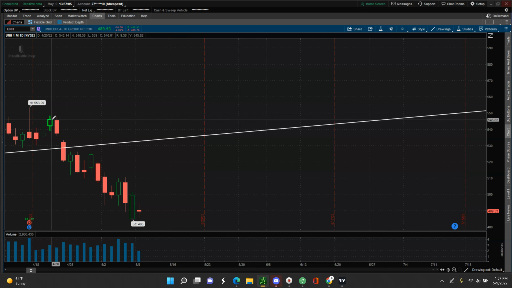Especially with options, just buying calls, I would have been pillaged, pretty much, just pillaged my pockets for that position. So that's why it's important to look at different time frames and determine what your time horizon is for that trade and determine which trend matters most for that time frame.